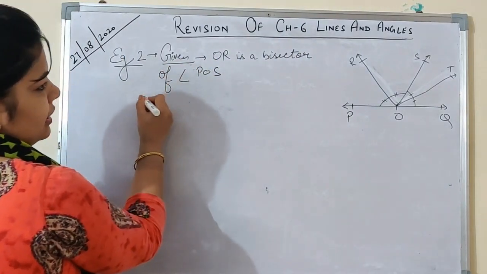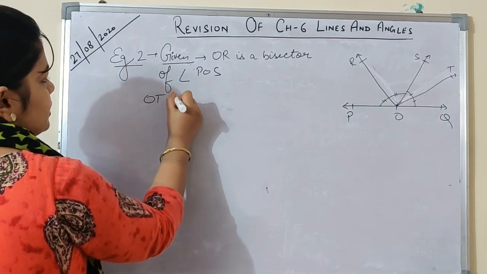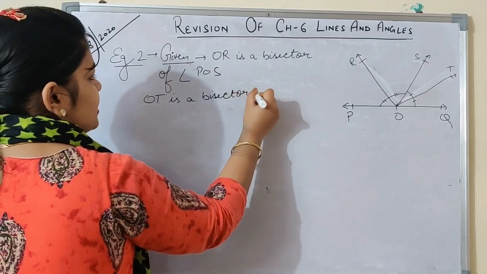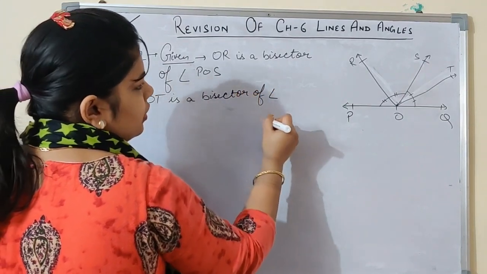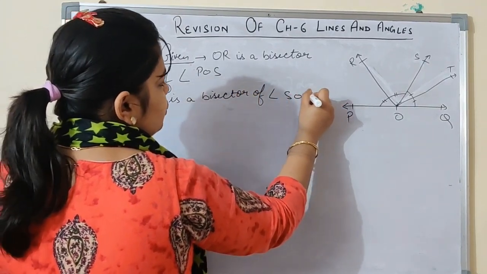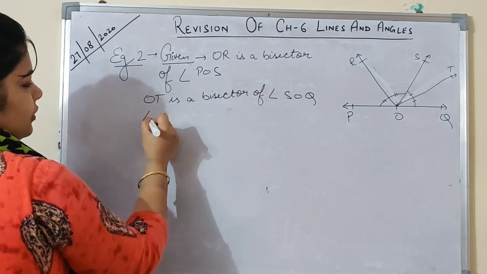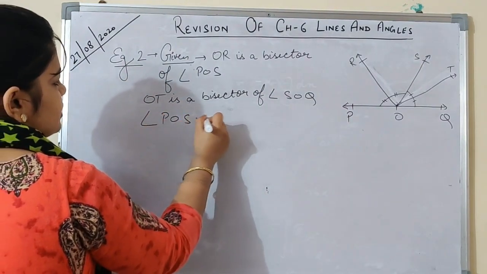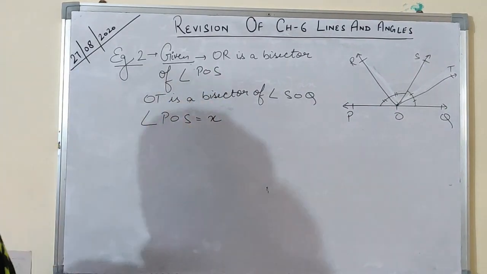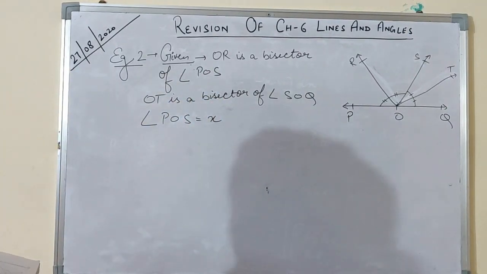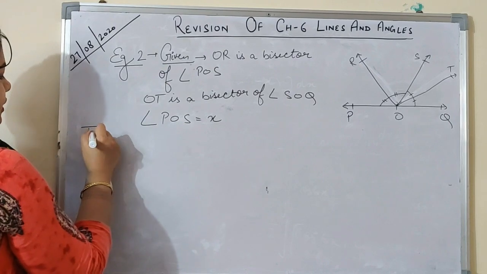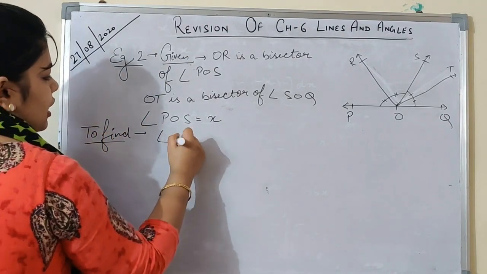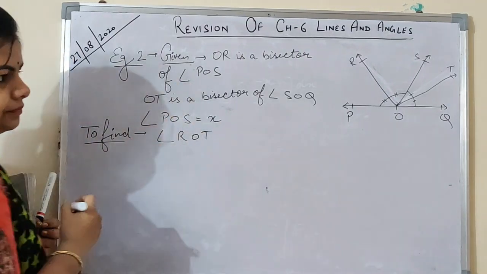Then the second thing is OT is a bisector of angle SOQ. Then the third thing is that angle POS is equal to x. So these three things are given to us. Now what we have to find? We have to find angle ROT.